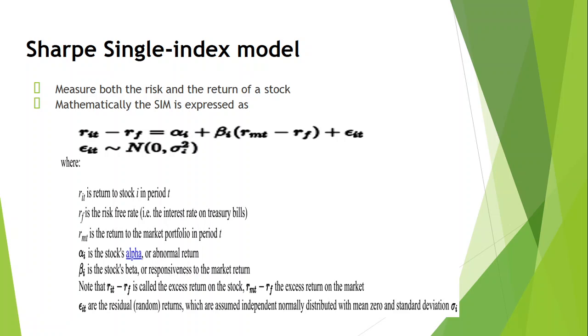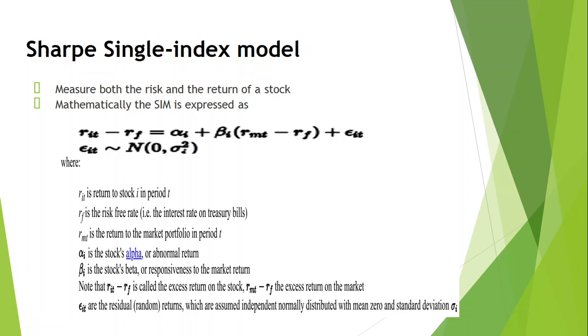There are so many factors we can list here, where RIT is the return to stock I in period T. RF is the risk-free rate, either the interest rate on treasury bills.